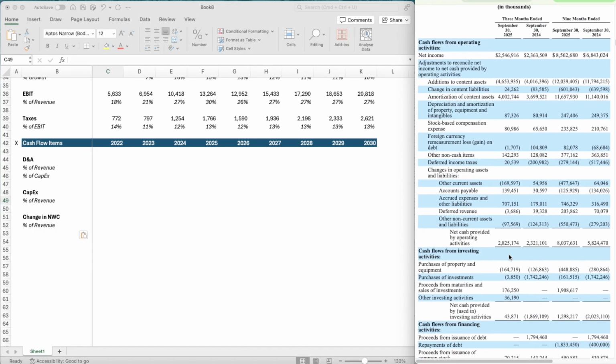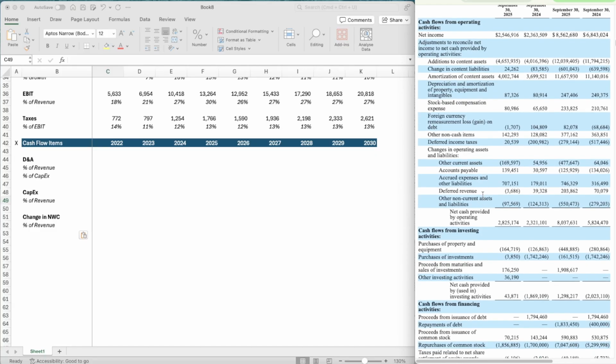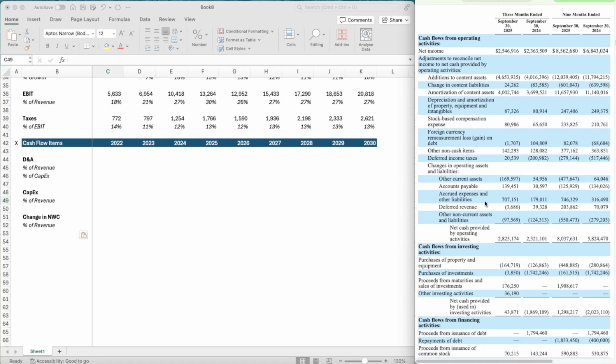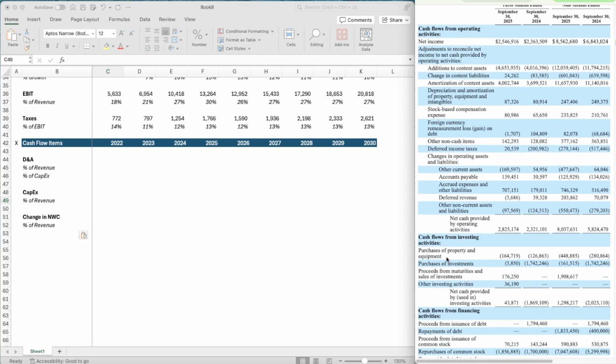Balance sheet is here. Okay, so we need depreciation and amortization. We sum this to get our change in net working capital, and then purchases of property and equipment. We ignore these ones. I think just focus on this, and the capex down here.